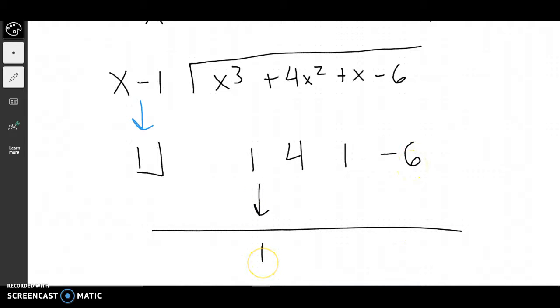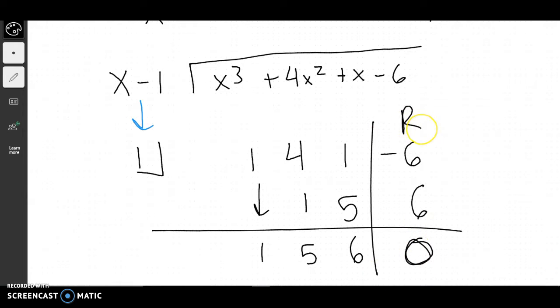Always drop down the first number. 1 times 1 is 1, so that would be 1. 4 plus 1 is 5. 5 times 1 is 5. 1 plus 5 is 6. 6 times 1 is 6. Negative 6 plus 6 is 0, which is our remainder.